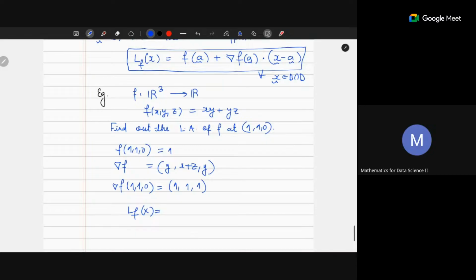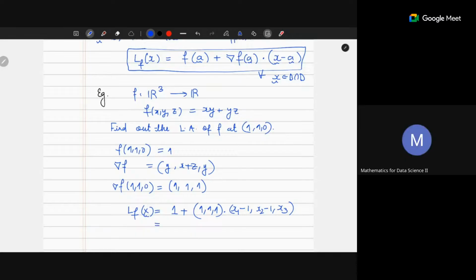It is 1 plus the vector 1, 1, 1 dot product with x1 minus 1, x2 minus 1, x3, we are using x, y, z, and the point is 1, 1, 0, so it's correct.